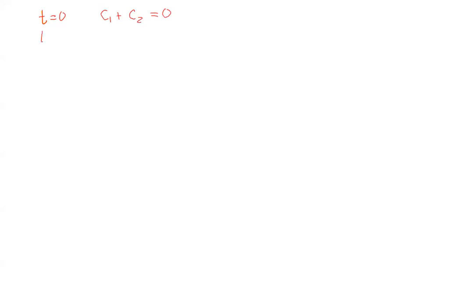And if t is equal to L, you will get C1 e to the square root of lambda times L, the L is outside the square root, plus C2 e to the negative square root of lambda times L, is equal to 0. Okay? And now you will realize that the first equation implies that C1 is equal to negative C2.